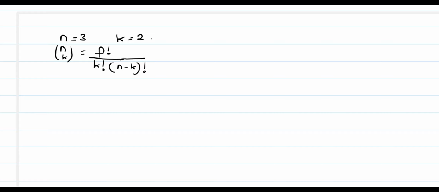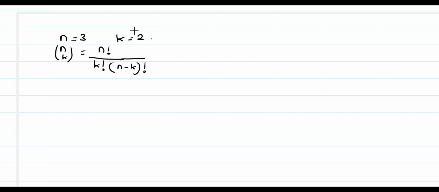Where n, we said, represents the total number of items we have, and k is the items we want to choose from the 3, and the whole logic is how many ways can I choose these 2 items from these 3 in no particular order.